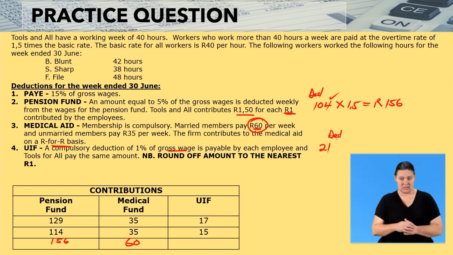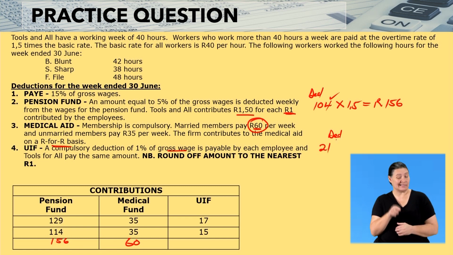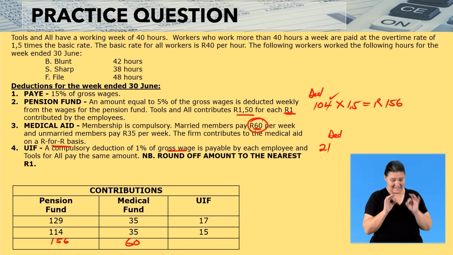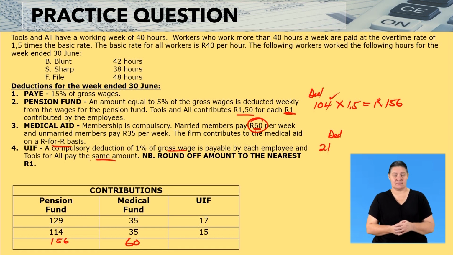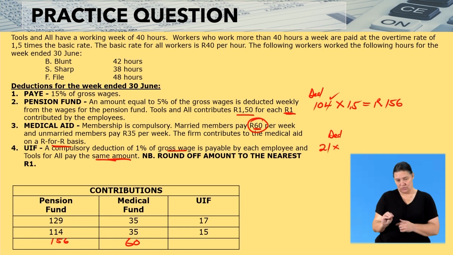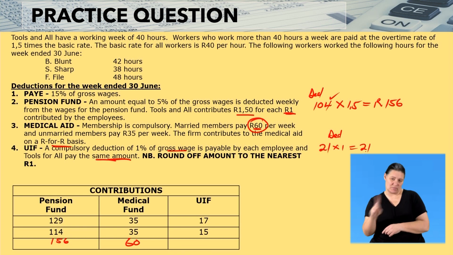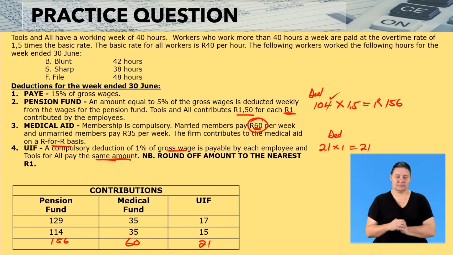Now we are being told that the company is also going to contribute the same amount. They will pay the same amount. That means it's 21 multiplied by 1. It's the same amount. Okay? That will be 21. So I'll come here, UIF becomes 21. This, therefore, is how we're going to record our contributions.